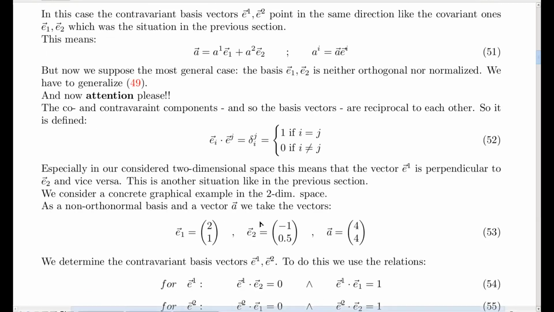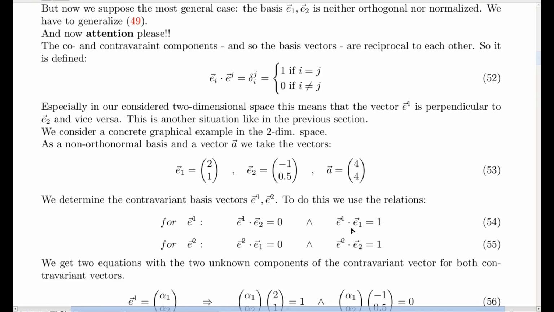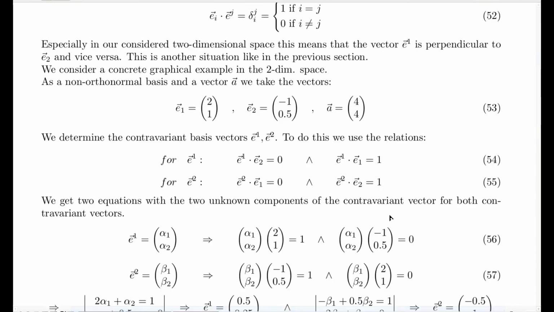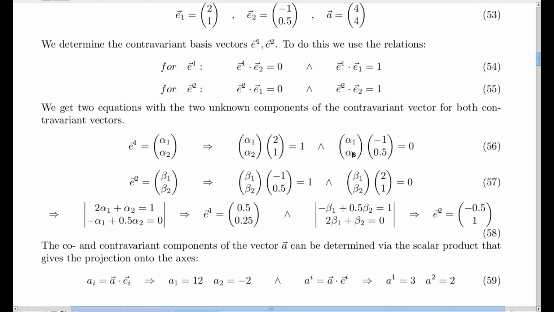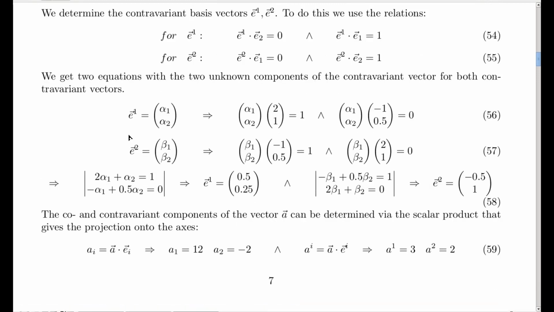If we calculate E1 contravariant, we have the two unknown values alpha 1 and alpha 2 in the vector. This scalar product must equal 1, so we set in 2, 1 and the parameters. And for the second scalar product that vanishes, we get this.